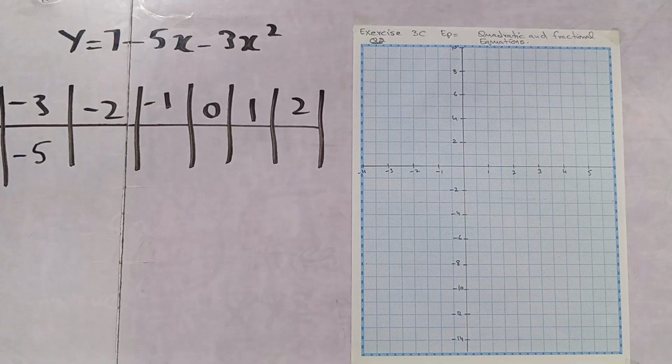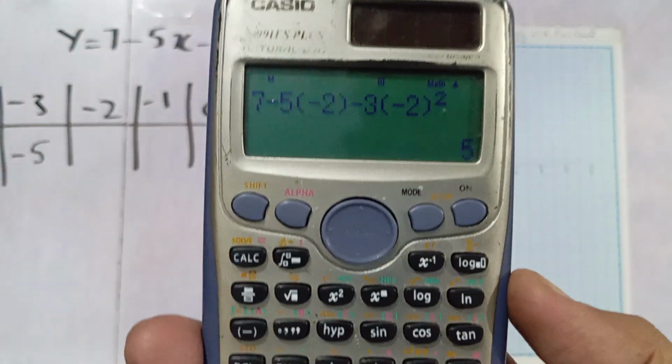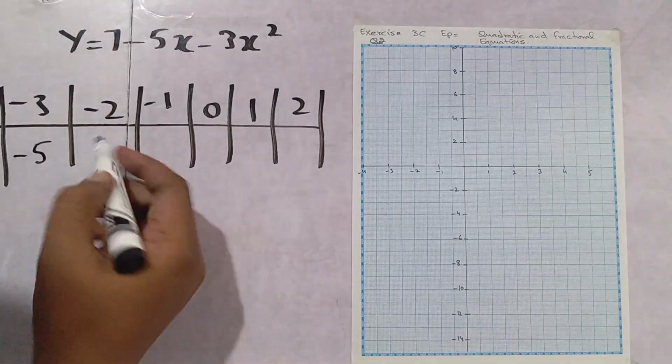I will write 7 minus 5 bracket minus 2 bracket close, minus 3 bracket minus 2 bracket close square, equals, and that gives me a positive 5. So I will write 5 here.